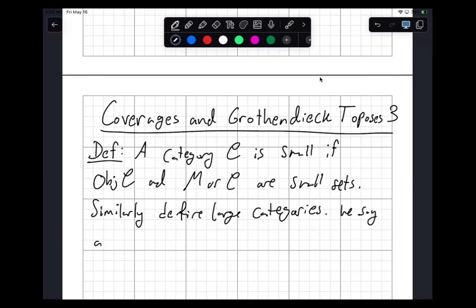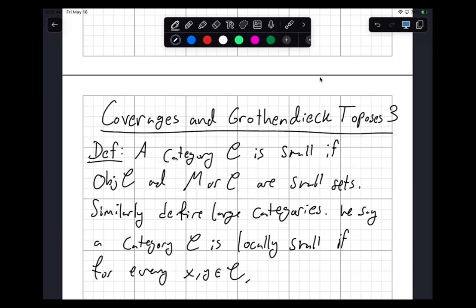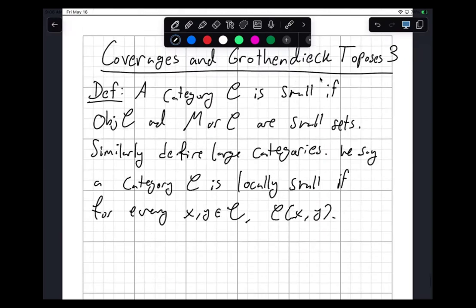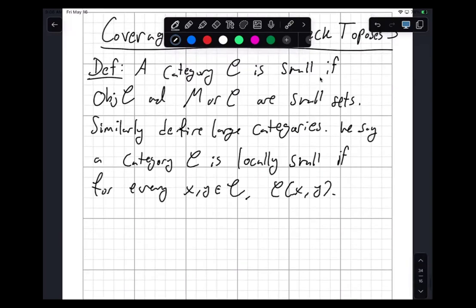We say a category is locally small if for every pair of objects, the Hom sets are small. So there might be a large set of objects, but each Hom set is a small set.